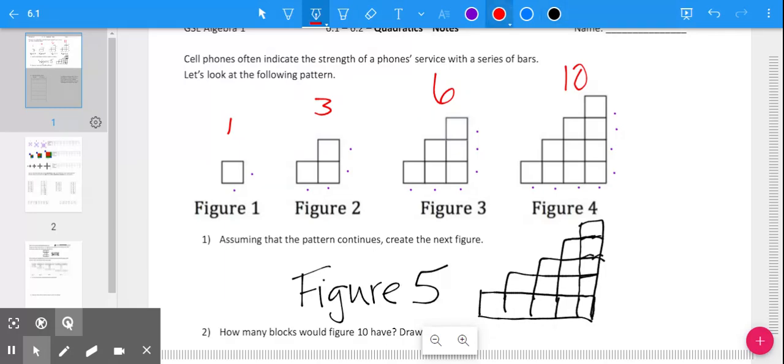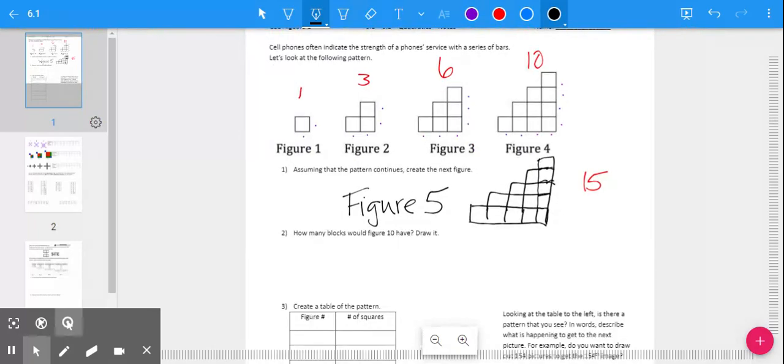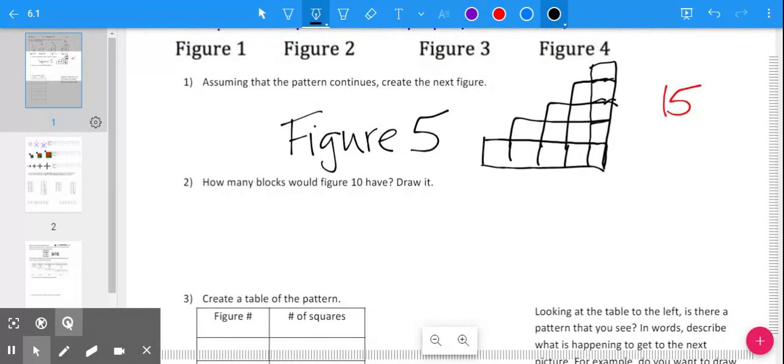Which has 15 blocks. So it says, how many blocks would figure 10 have? And draw it. So based on that same pattern I said where figure 1 is a 1 by 1, figure 2 has 2 at the bottom, 2 going up, 3 at the bottom, 3 going up for figure 3, and we kept following that pattern, we could draw figure 10 pretty easily. So I'm going to try to use this whole space.